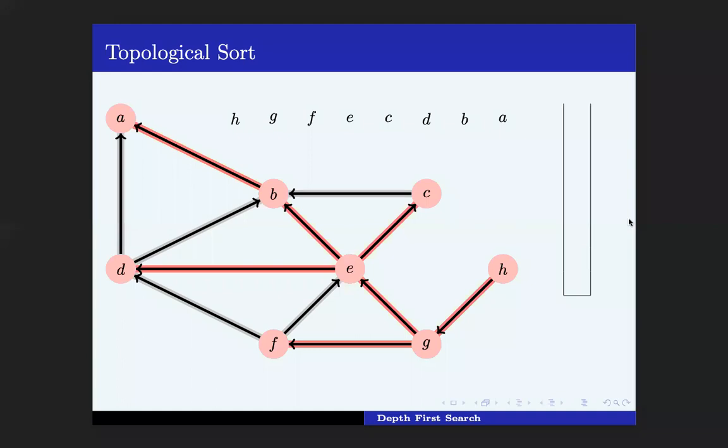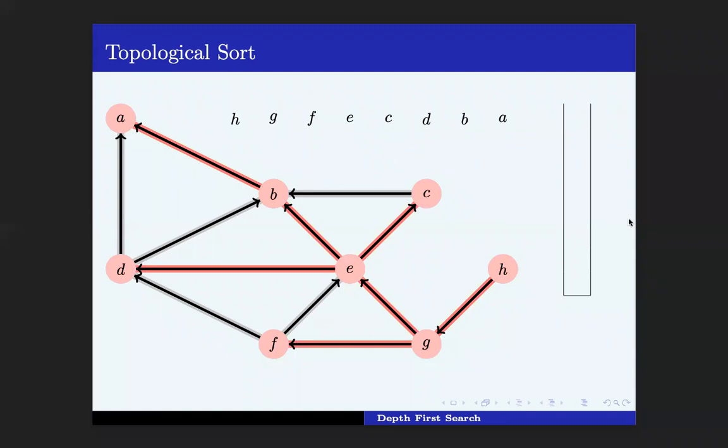Do you remember the proof? Yes, sir. A source node would always exist. Once we know that a source node always exists, we can keep removing edges while moving to the next vertex. If we keep on doing this, the property of being a directed acyclic graph is still invariant. It's not changing.